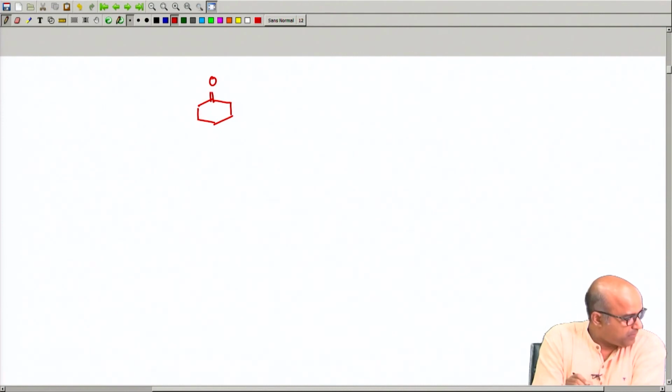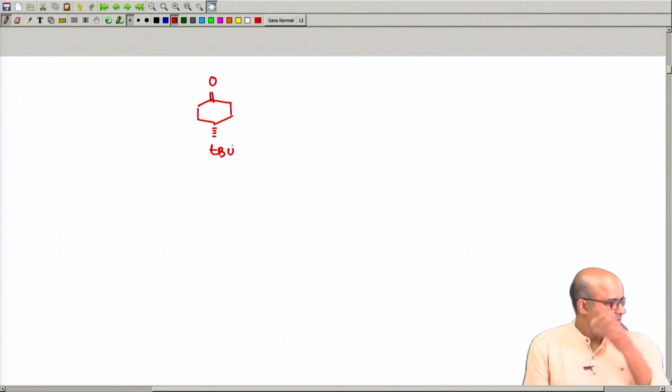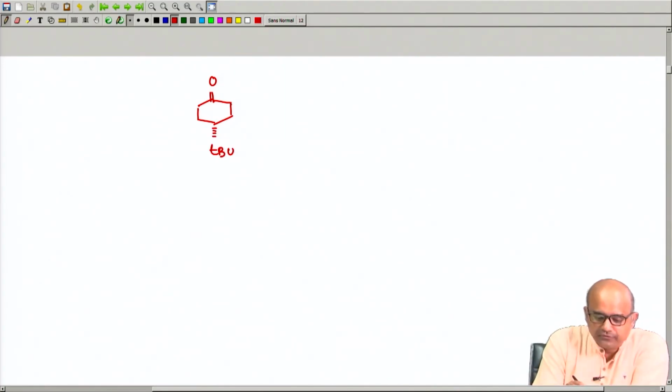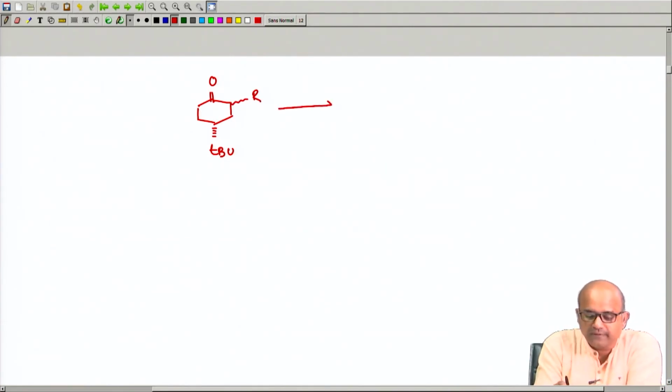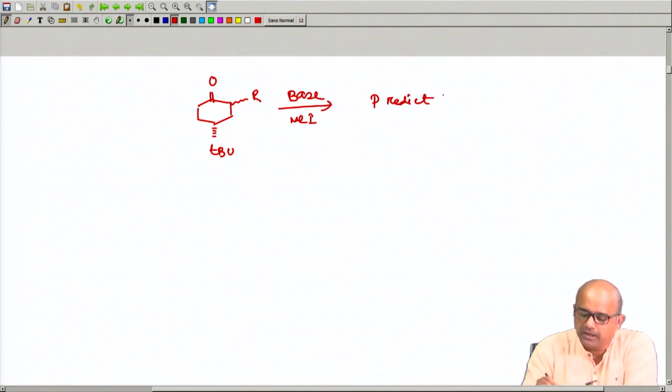Let us say you have a compound where you do have a tertiary butyl group in the 4 position, and you have a stereocenter here, but that does not matter, because anyway you are going to destroy the stereocenter. You take base as LDA and you react with methyl iodide. You predict the product, and mainly you have to explain it.